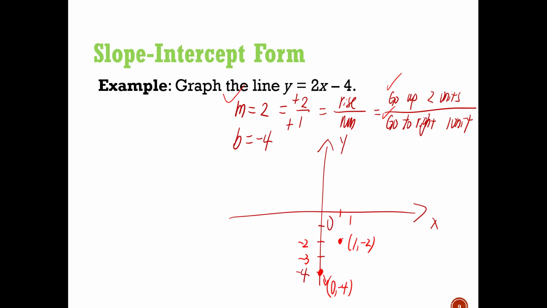Now connecting those 2 points, extending in both directions, we get a line. If you want to, label this y equals 2x minus 4. And always write the slope as a fraction, so we know the rise and run in this case.